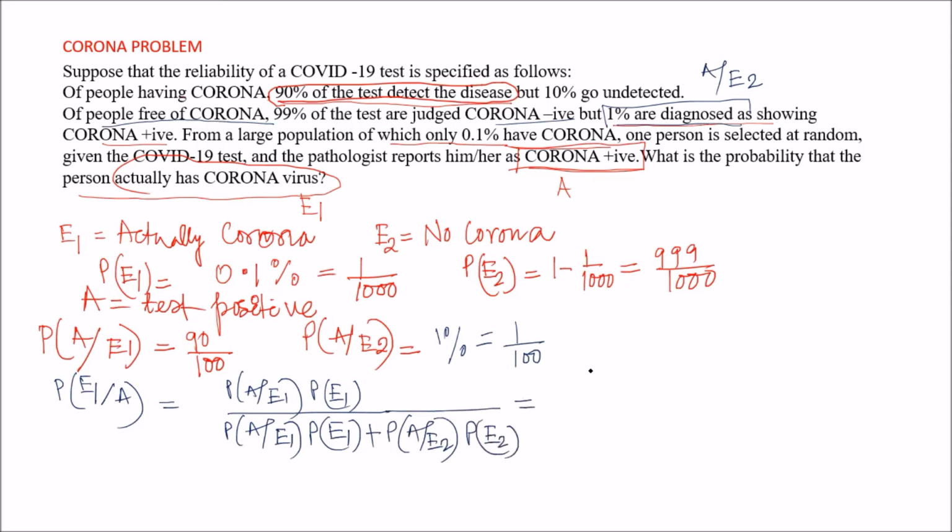So let us do the calculation. This will be 1 by 1000 into 90 by 100 upon 1 by 1000 into 90 by 100 plus 999 by 1000 into 1 by 100.